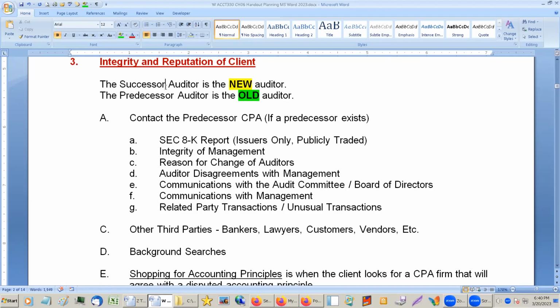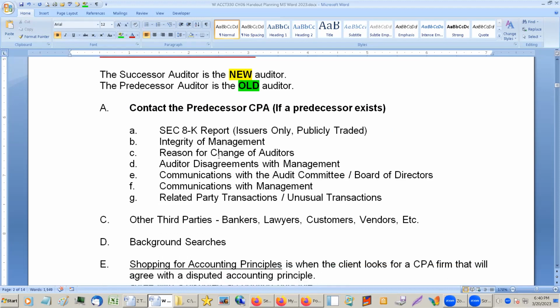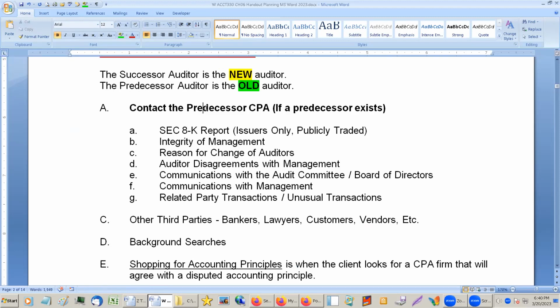Now, the successor auditor is going to contact the predecessor. So if there is a previous auditor, the successor auditor must contact the predecessor, and they do this before taking the audit.